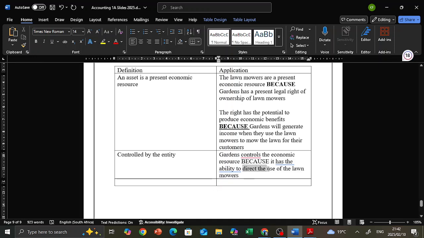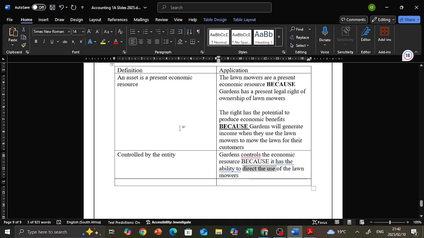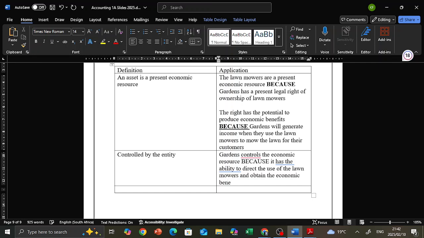Please also remember this little sentence. Directing the use is essentially us showing that we have control. They can use these lawnmowers however they please. They have the ability to direct the use of the lawnmowers and obtain the economic benefits that may flow from it.